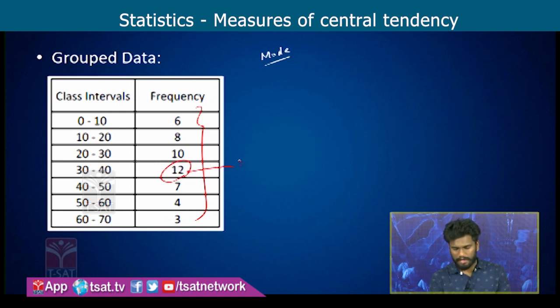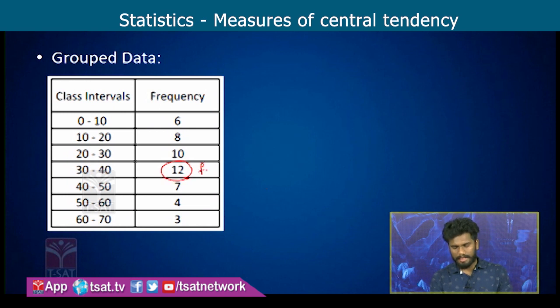Now mark that as frequency 1, f1, and above that frequency mark that as f0, and below that mark that as f2. So for this kind of data, how do we find the mode? Check here. Which has the highest frequency?